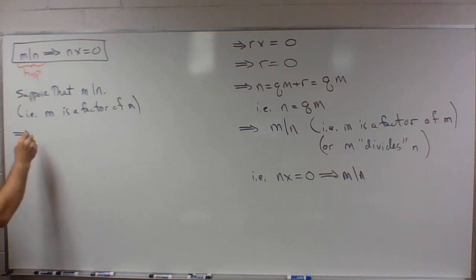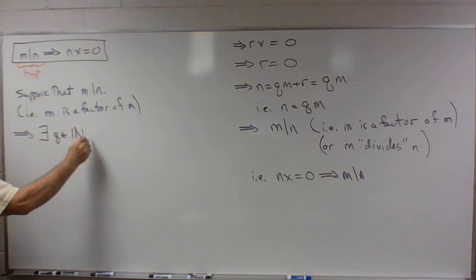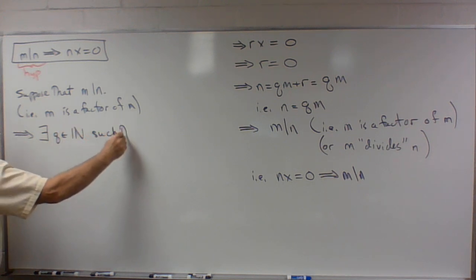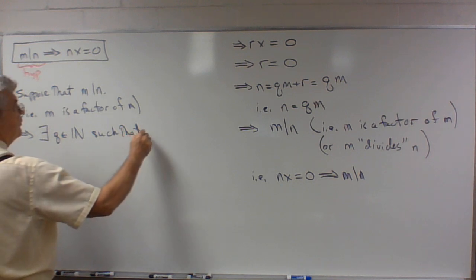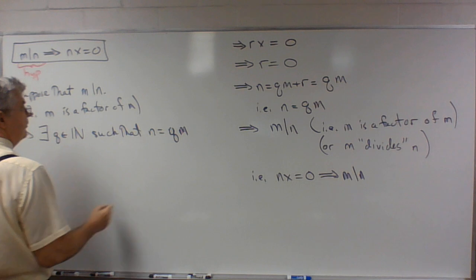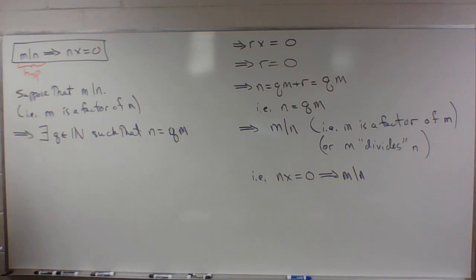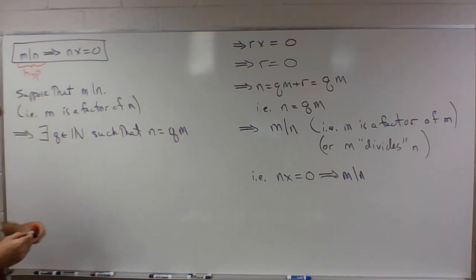So there's some other integer, or in this case, a natural number q, such that n equals q times m.